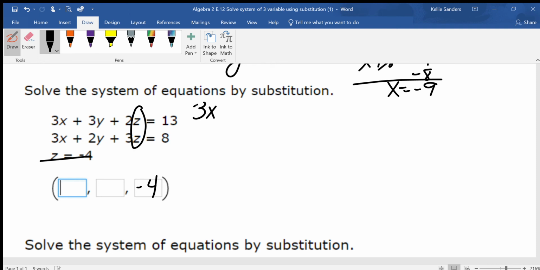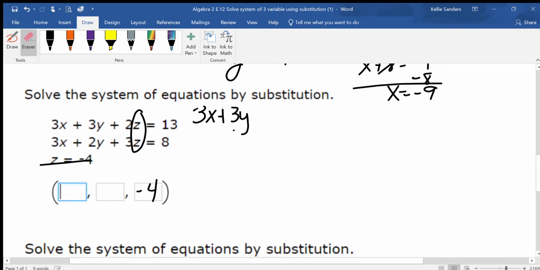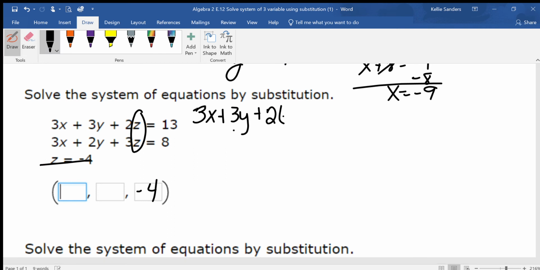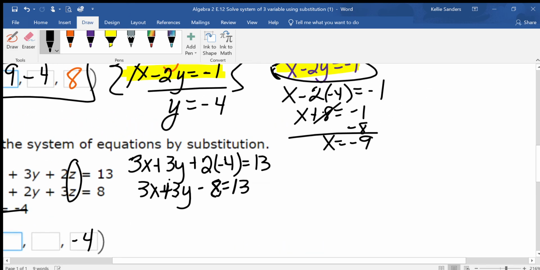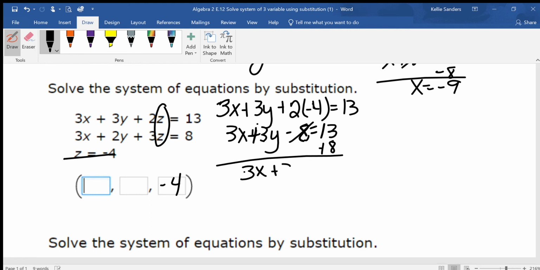So 3x plus 3y plus 2 times z, which is negative 4, equals 13. 3x plus 3y minus 8 equals 13. Add the 8. 3x plus 3y equals 21.